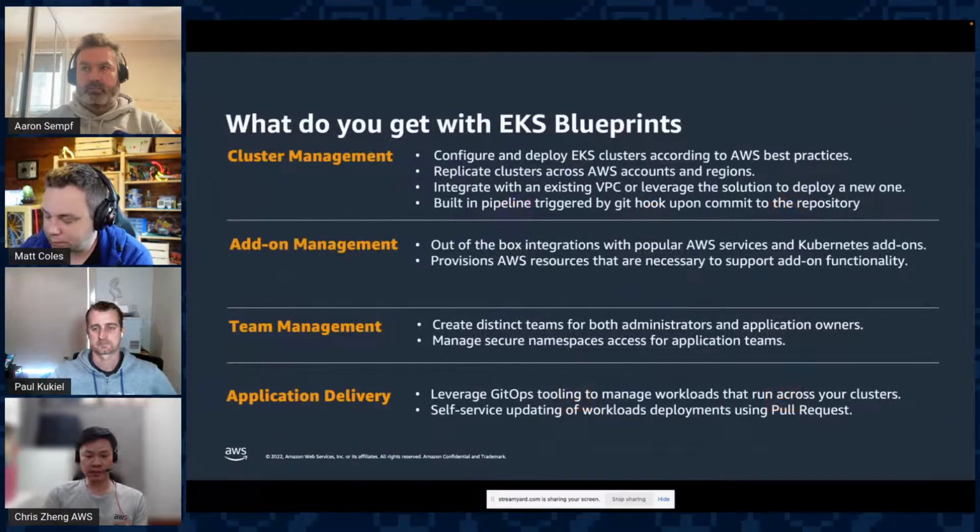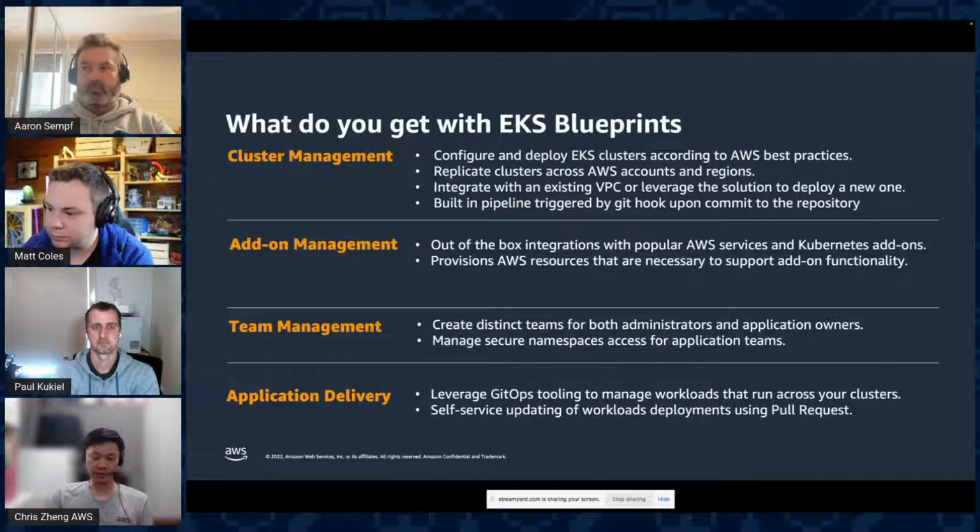This is the last slide, I promise, just to summarize. EKS blueprints provides the ability to configure and deploy EKS clusters with specific compute options. For the add-ons, it provides full lifecycle management, and it provisions all the relevant AWS resources as well to support add-on functionality, primarily the IAM role for the service accounts. For team management, it provides a clear separation between the application team and the platform team.